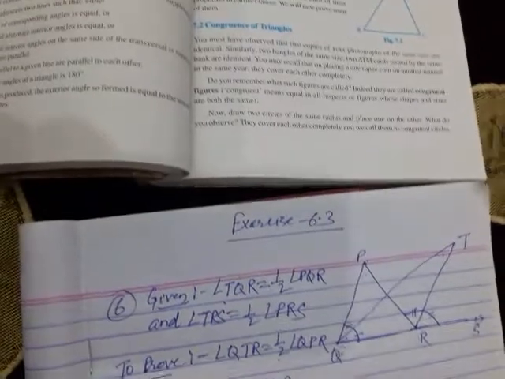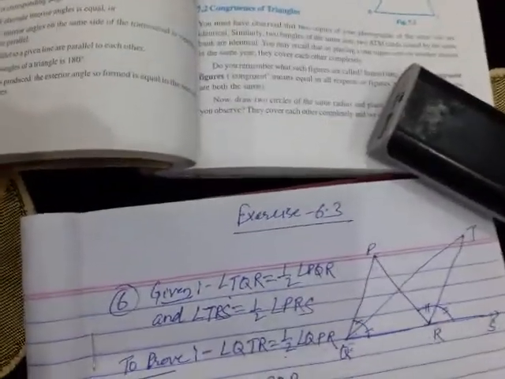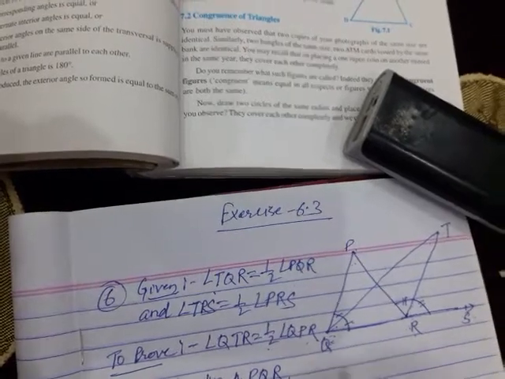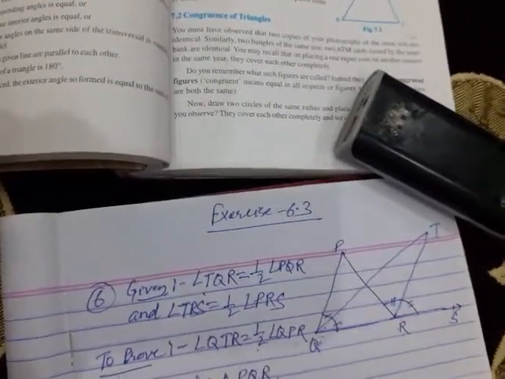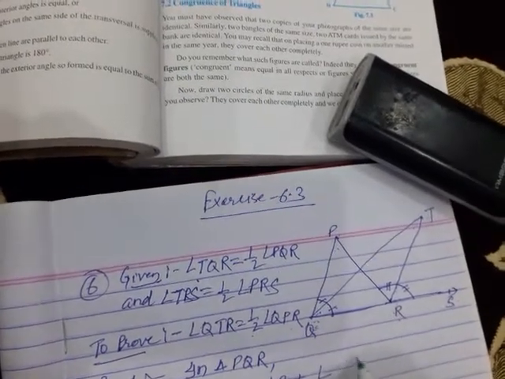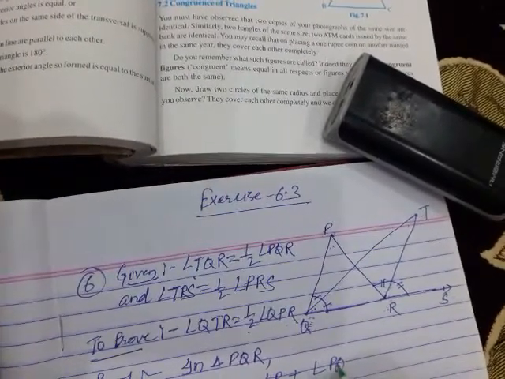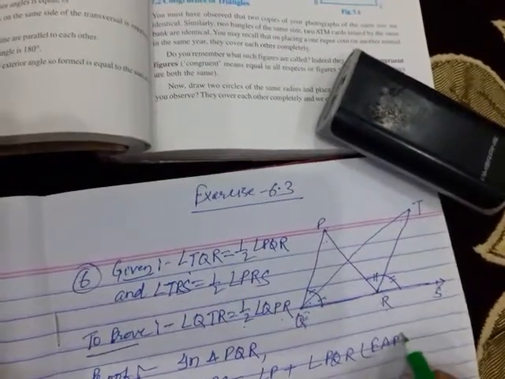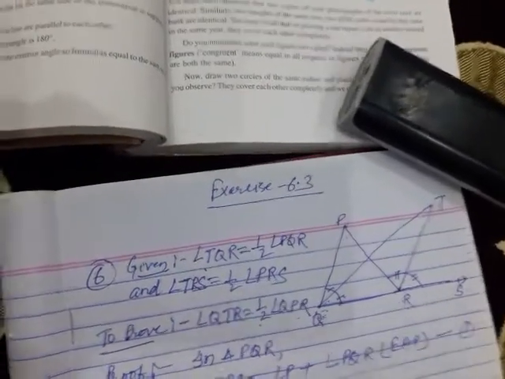Angle PRS equals angle P plus angle PQR, that is the exterior angle property, and let it be equation 1. Clear, children?